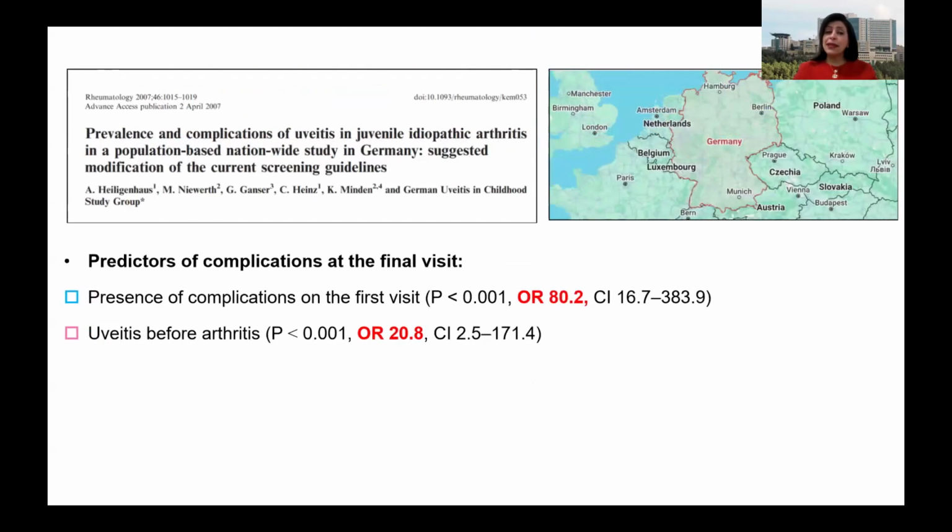The predictors of complications at the final visit include having complications at the first visit with an odds ratio of 80 and having uveitis before the diagnosis of arthritis with an odds ratio of around 21. And we know that specifically in this group of patients, uveitis is detected late since they don't have arthritis and they are not referred to be periodically checked by the ophthalmologist.